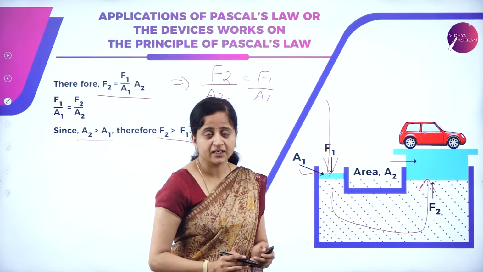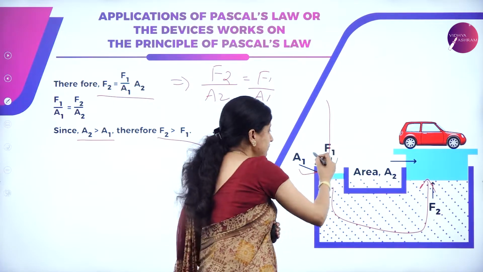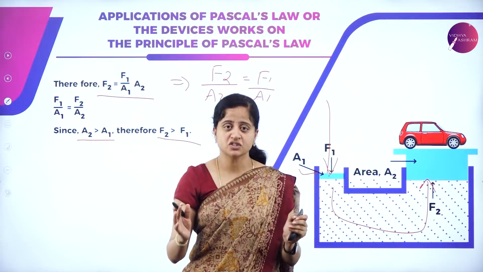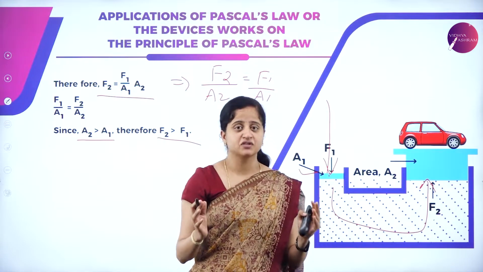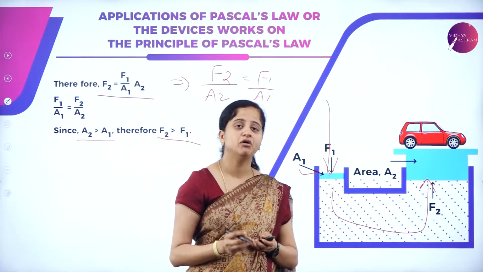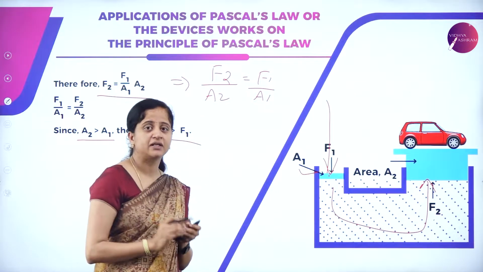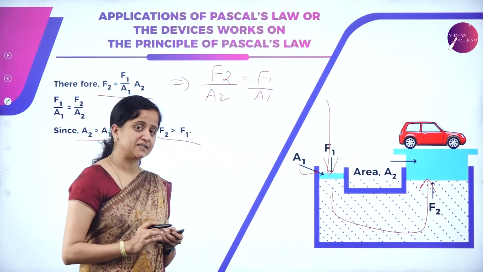So from this we understand that by applying a small amount of force, a huge force can be generated with the help of fluid. This is one of the important applications of Pascal's law.